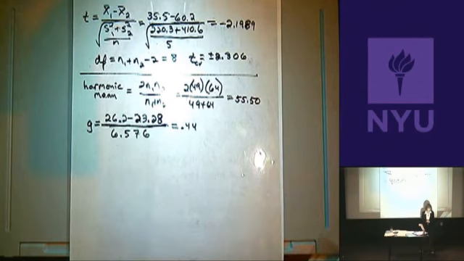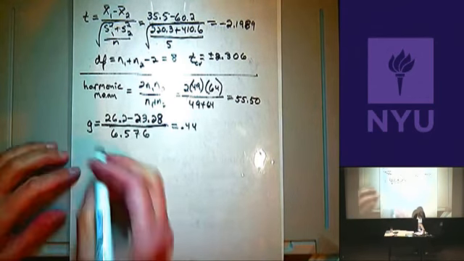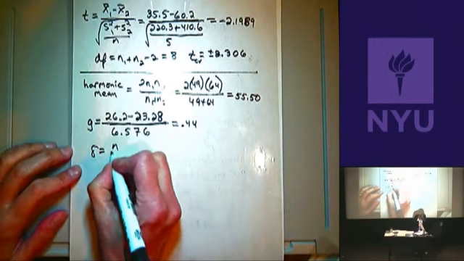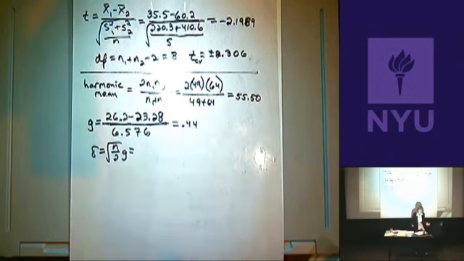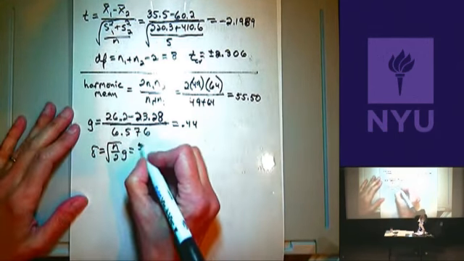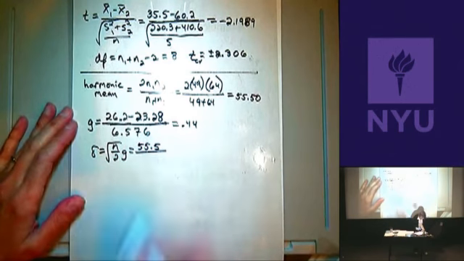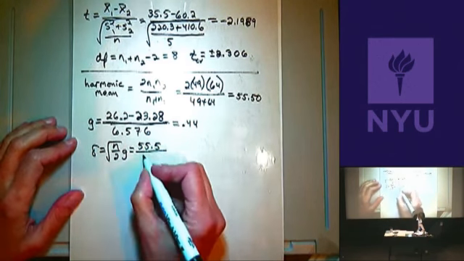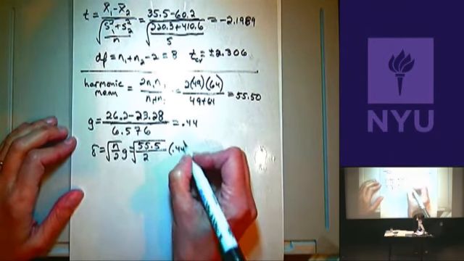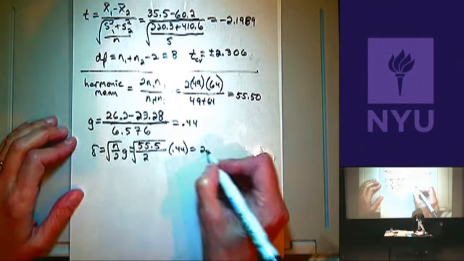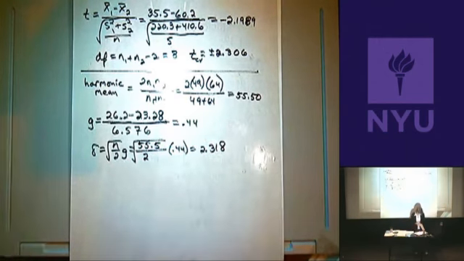Okay. So now we have to find delta. Here, my n is going to be the harmonic mean of my n's. This is where you replace it. Okay.